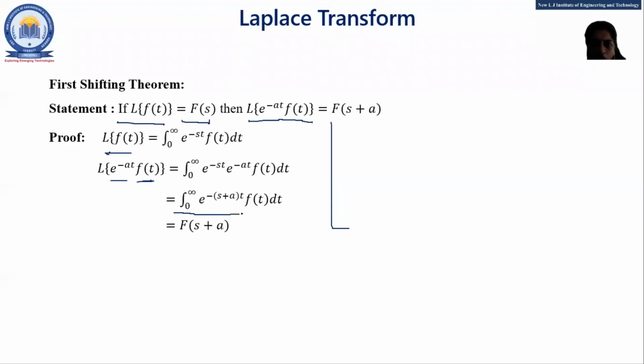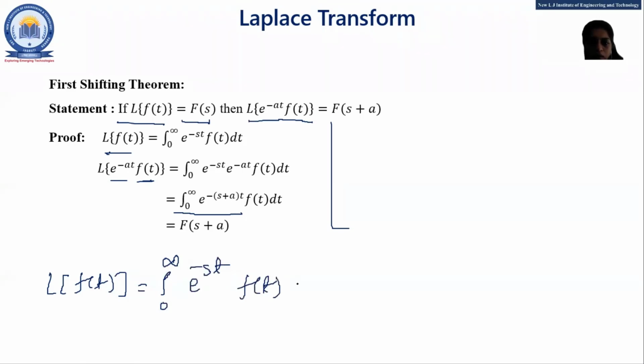So by the formula, Laplace of f of t, you may write integration 0 to infinity e raised to minus st f of t dt. Here your function is f of t, right? So if you are given the left hand side, you may write the right hand side. If you are given the right hand side, you may write the left hand side, right? Similarly, this is equal to F of s.